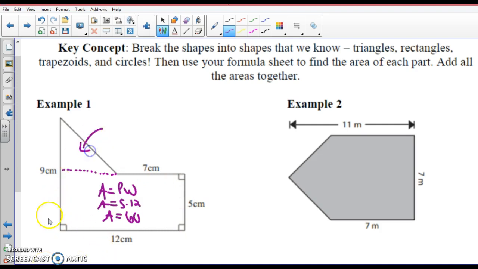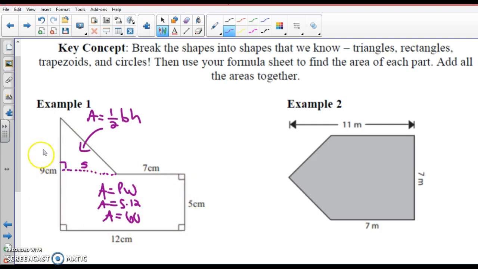Now, this is a triangle. 1/2 base times height. Now, we need to figure out the base and the height. The right angle. Well, let's look at this. This side is 12. This side is 7. So this little pink dash line is going to be 5, because 5 plus 7 is 12. This chunk of the triangle is 5.